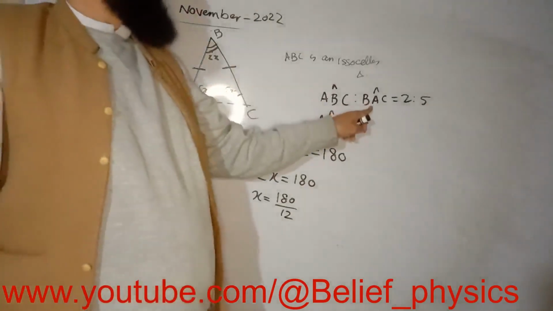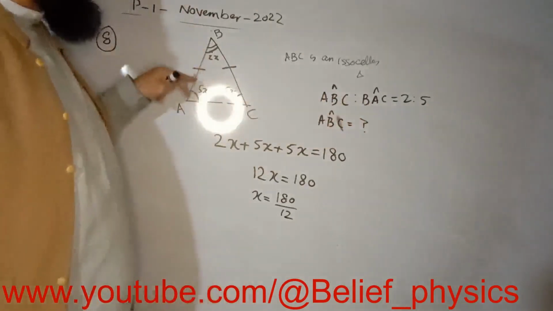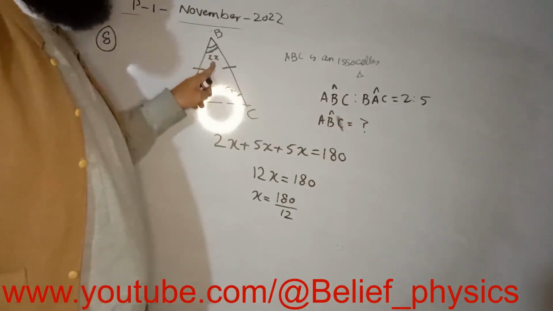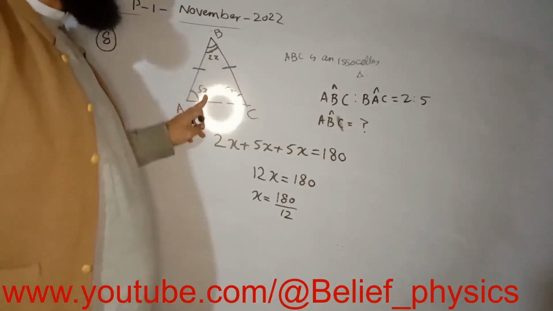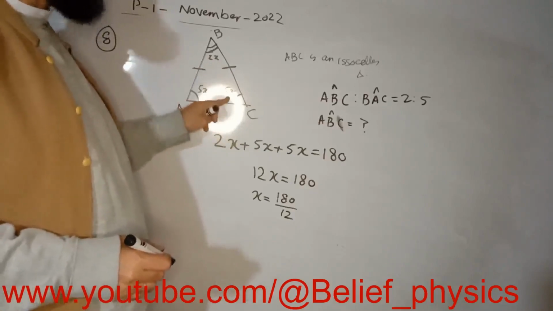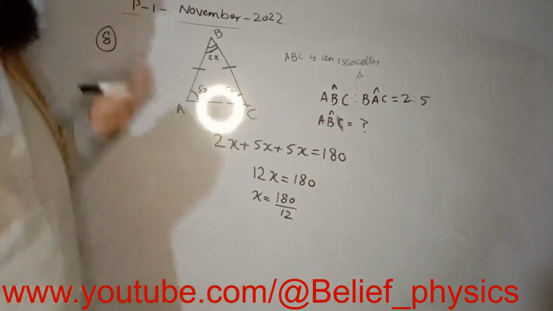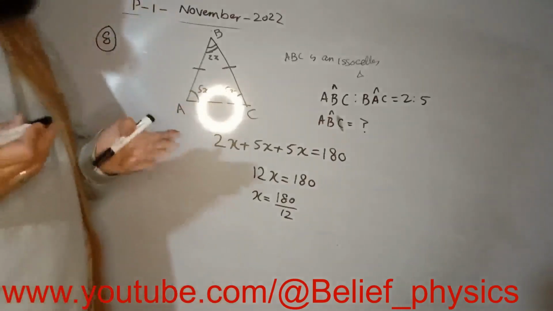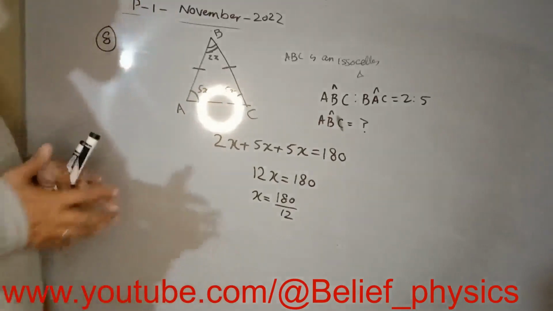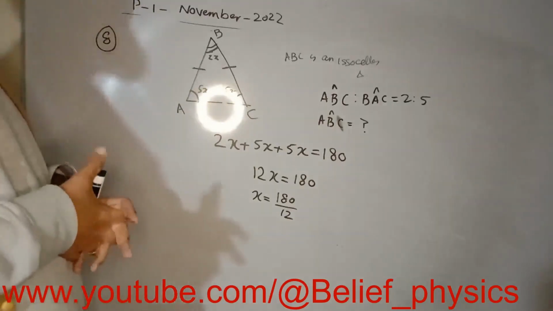This is a ratio. So if it is 5 units, this will be 2 units. X can be anything, we could put t here, 5t, 2t, then again 5t, whatever. Or you can write 5 plus 5 plus 2 and get the sum of ratios.